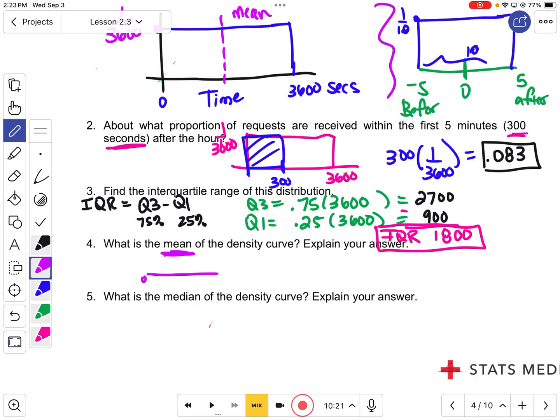If I go from 0 to 3,600, where would the middle fall? It'd be half of it, right? We just divide it by 2. And we get 1,800. So if you're uniform and you're looking for a mean, it's just half the data. Divide it by 2.